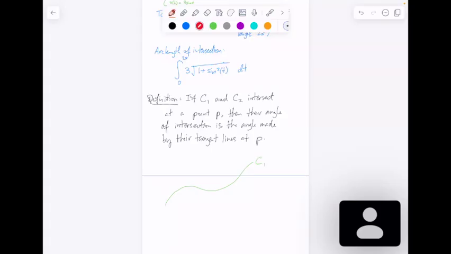I have C1 and I have C2. Along C2, they cross at this point, so I have the tangent line L2. And at the very same point, I also have a tangent line here, L1. All right, and I could measure the angle here between these lines, theta. And that's the angle of intersection at the point P.